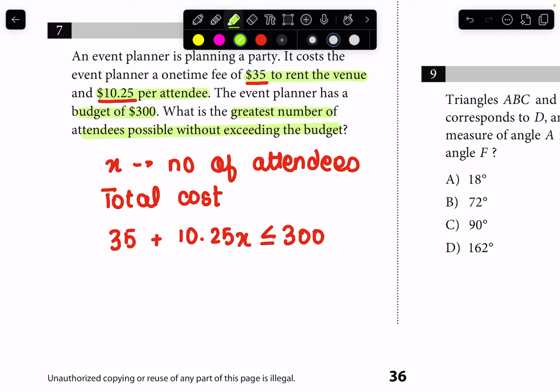Now what we need to do, the next step, once we have got this, is solve for x, because we are talking about the number of attendees we can accommodate.